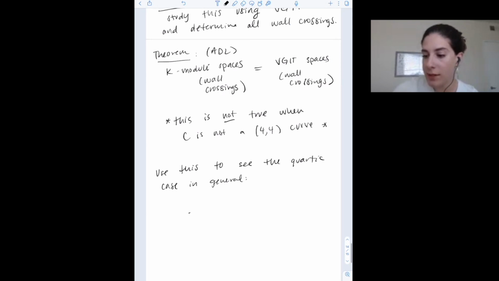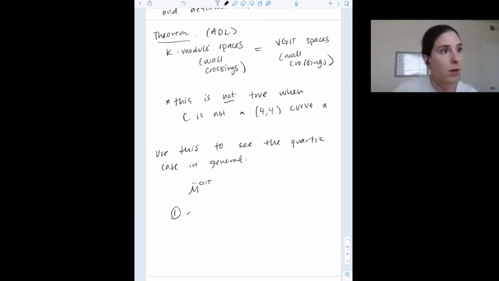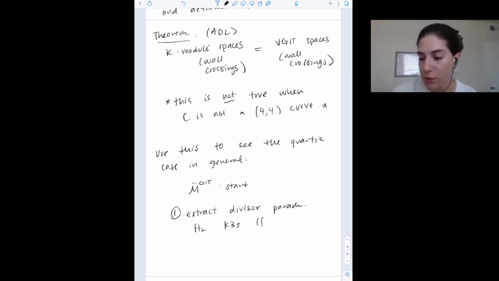So we start at the GIT moduli space, and then step 1, we extract. So that's our starting point. It happens to be a K-moduli space when the coefficient is sufficiently small. We extract a divisor that parameterizes hyperelliptic K3s. This is the first wall.